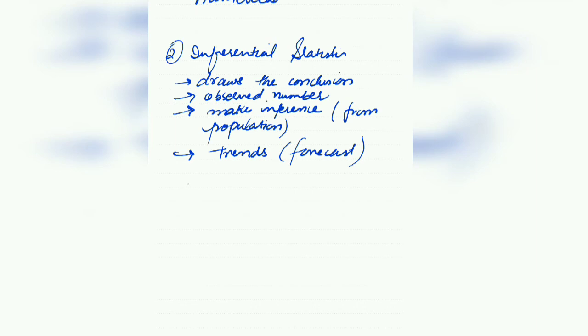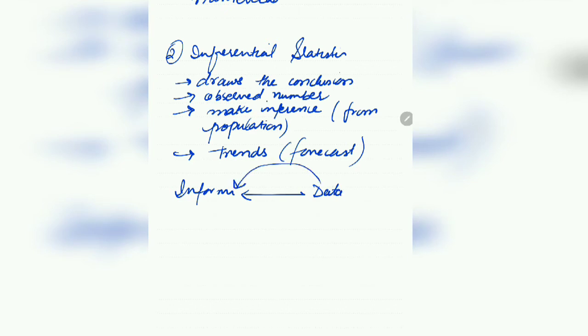That means information is formed from data, or data makes the information when it comes in refined form: when you process the data, when you structure the data, and when you analyze the data, then it becomes information.